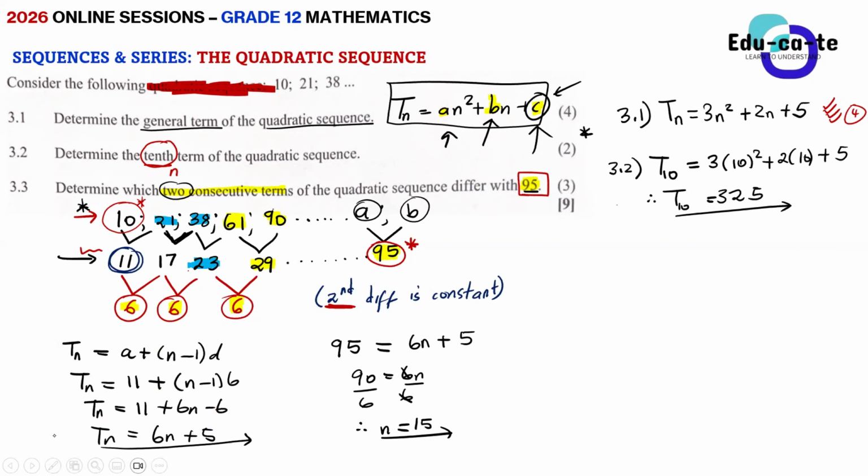Well, sir, since we have found n is 15, I just substituted it into the general formula. Therefore, it gave me the answer of 225 when I squared.